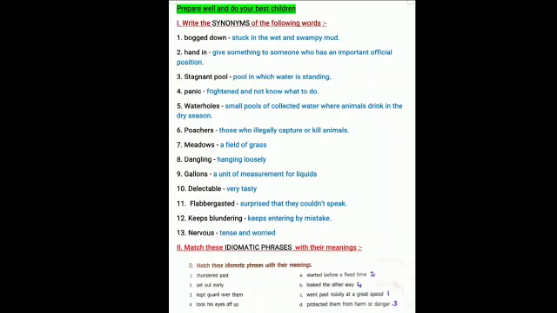Next, stagnant pool. Stagnant pool is a pool in which water is standing and it has an unpleasant smell. Fourth, panic. Panic means frightened and not knowing what to do. Water holes.